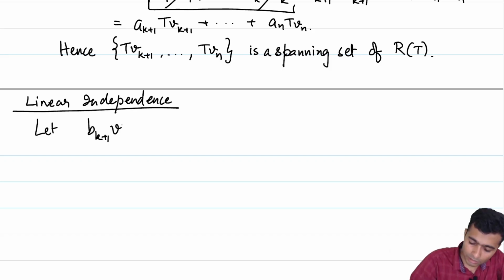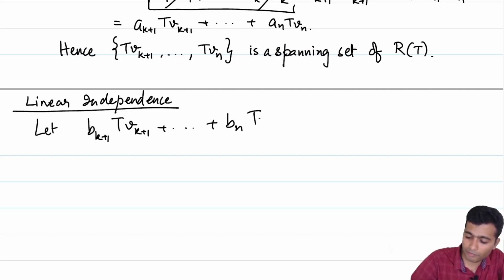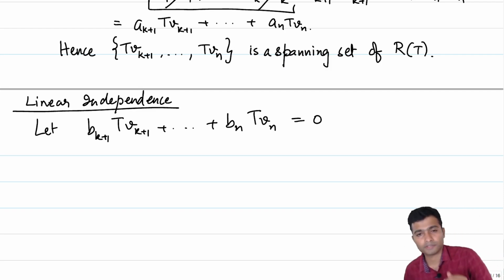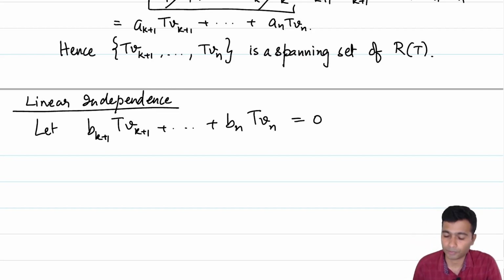Let B k plus 1 T Vk plus 1 plus up to Bn T Vn be equal to 0. This 0 is a 0 vector of W, and we have to show that Bk plus 1 to Bn, each of these scalars is necessarily equal to 0.